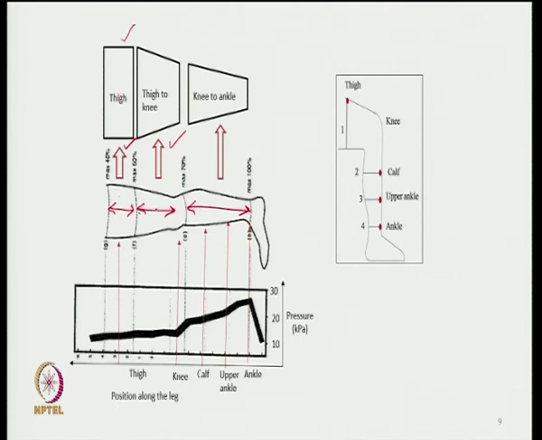Similarly, from here to the knee, this region is slightly conical, and therefore, the fabric that we require to cover this region will be little conical in shape. Similarly, we can assume from knee to the ankle, another piece of fabric which will be required, which will look again like conical.